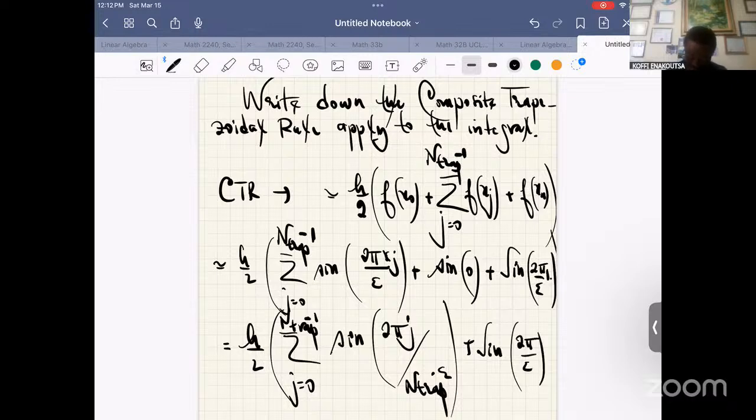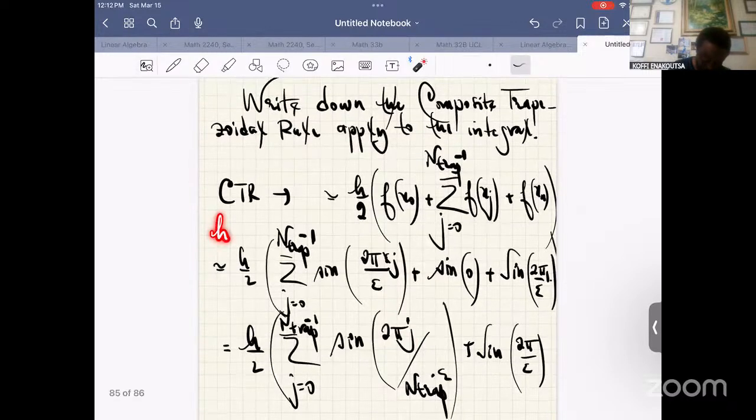The reason here is that h multiplies the number of terms for the xj.